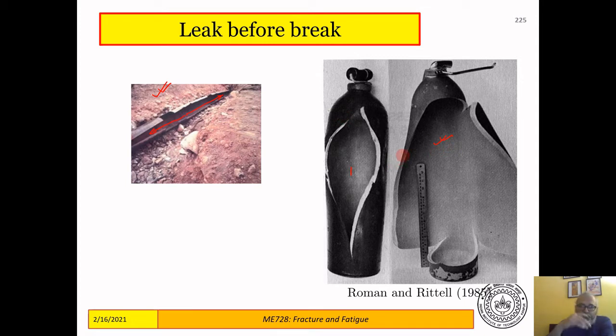We cannot avoid failures, but what we can avoid is loss of life and property due to these kinds of catastrophic events.